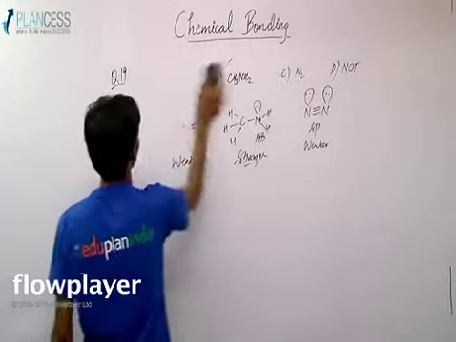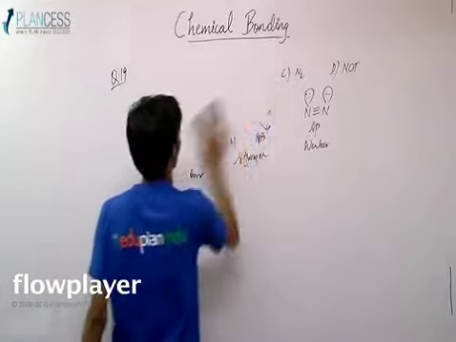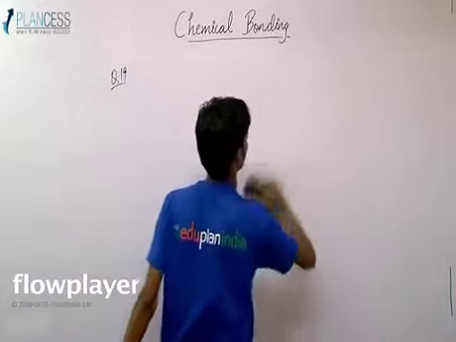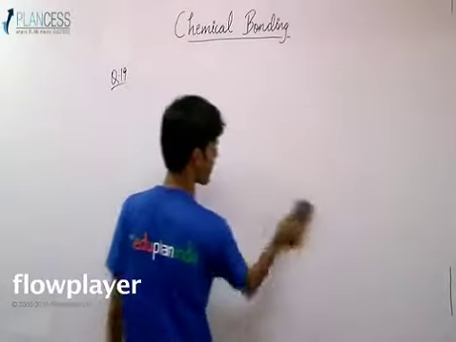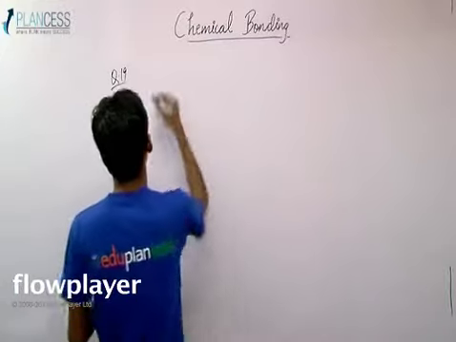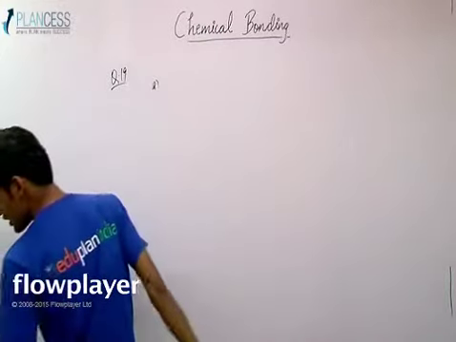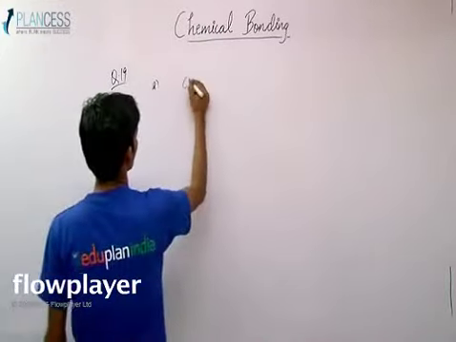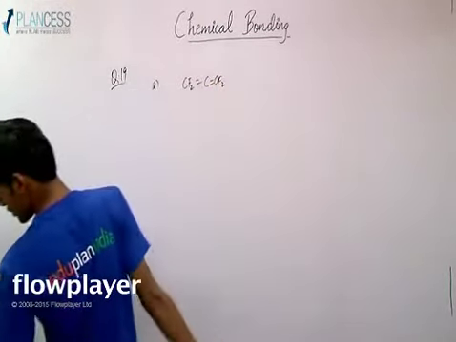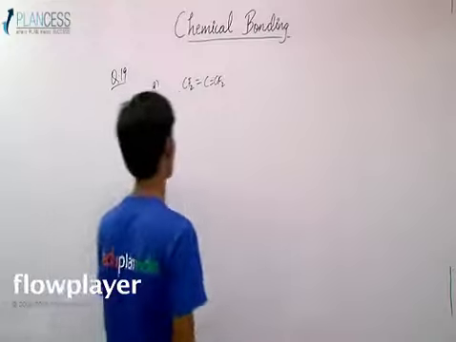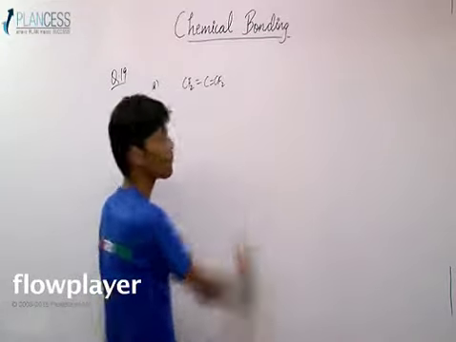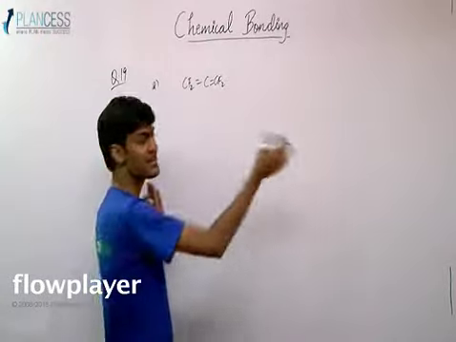Next is question number 20. It's again an objective question where you have to pick the incorrect statement. Four statements are given, so I will take each statement one by one. The first statement is that in the CF2=CF2 molecule, all four fluorine atoms are not in the same plane.